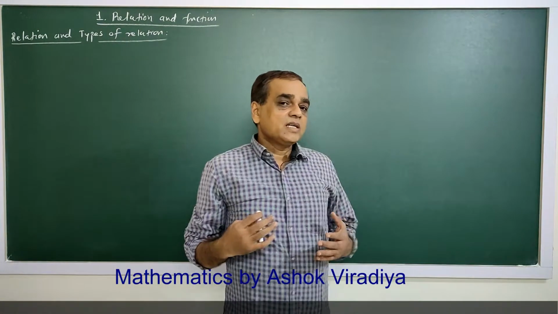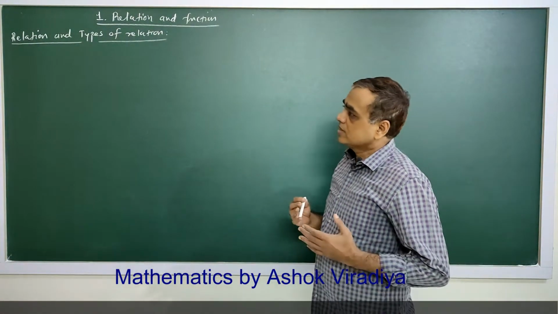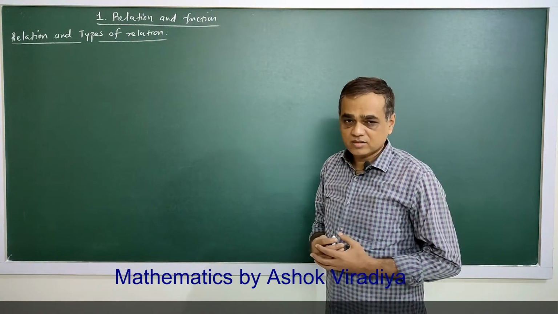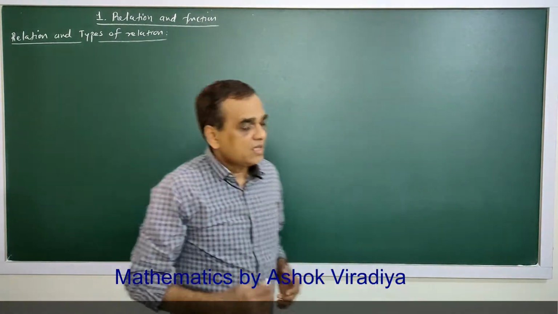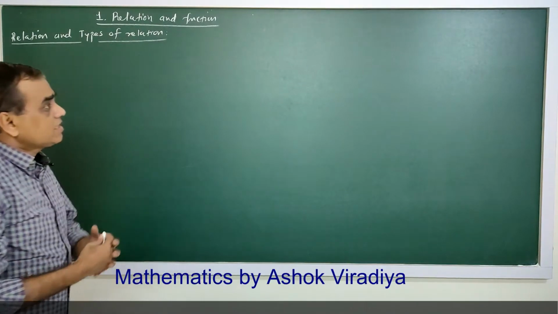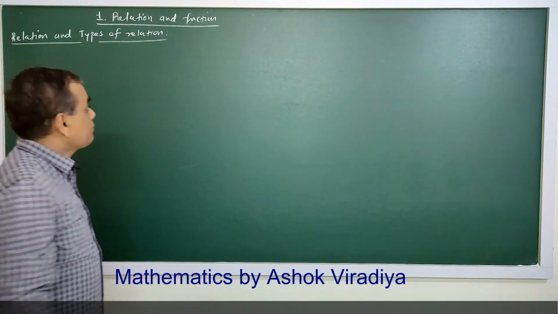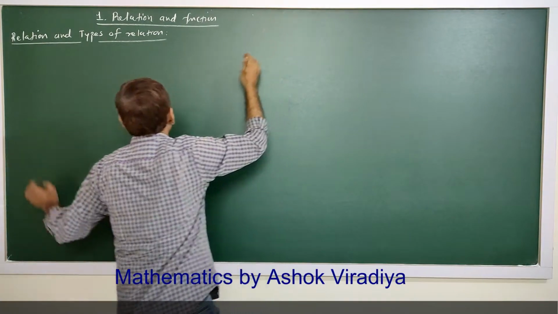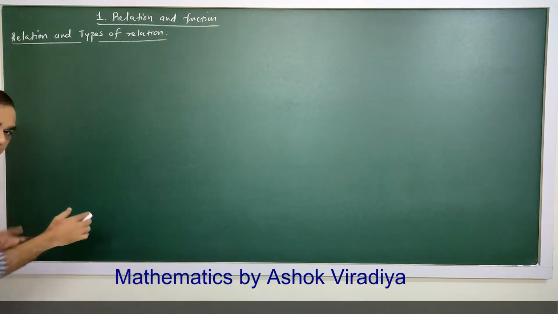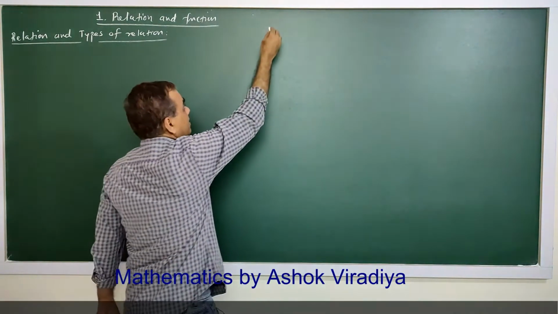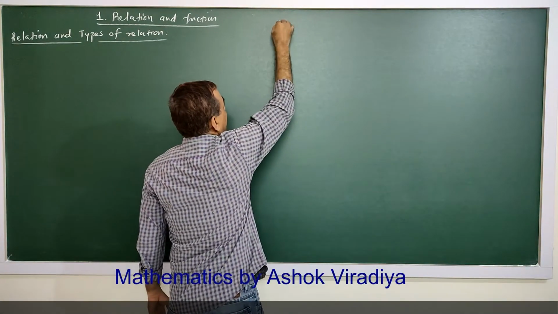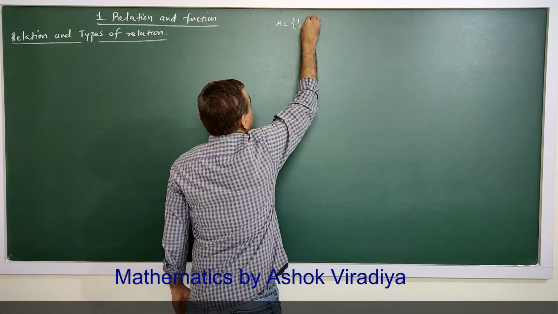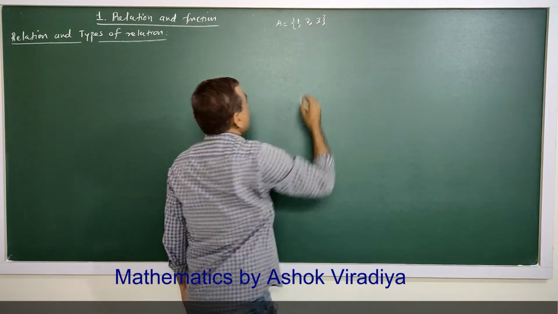In class 11th, you learned about a relation. We know that if A is any non-empty set, as for example, to understand terminology in the definition, here I am taking one parallel example, a set containing three numbers 1, 2, 3.